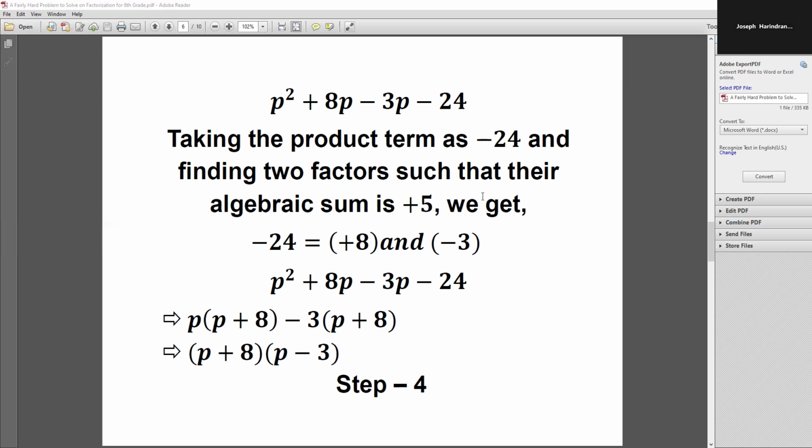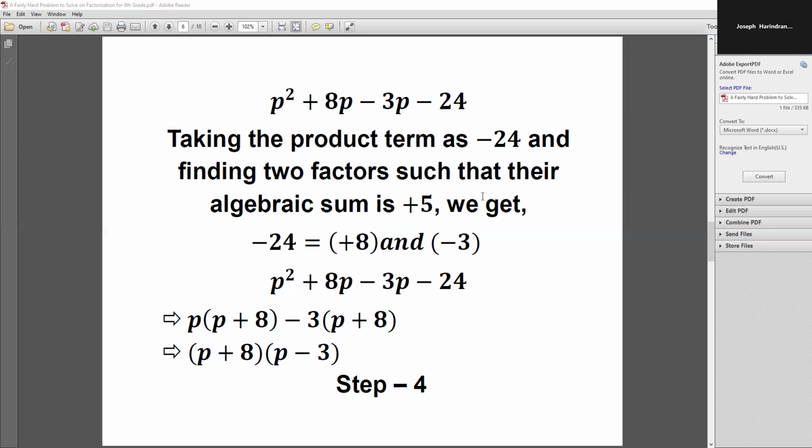We get minus 24. Since the product is a negative number, one factor should be plus and the other factor should be minus to get the resulting product as negative 24. So we have plus 8 and minus 3, because we know that 8 into 3 is 24.